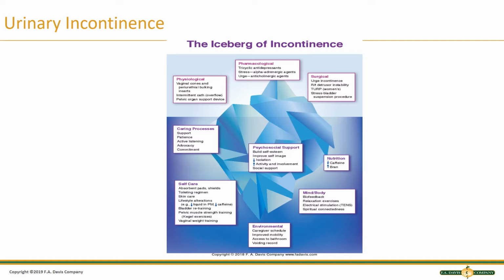We talked about some of the mind-body techniques, which were the biofeedback, the Kegel exercises, the relaxation exercises, utilization of transcutaneous electrical nerve stimulation. And in the world of energy medicine, you might want to check for spiritual connectedness. If you're going to put them on bowel and bladder training, you're going to want to know what kind of level of support they have for that.